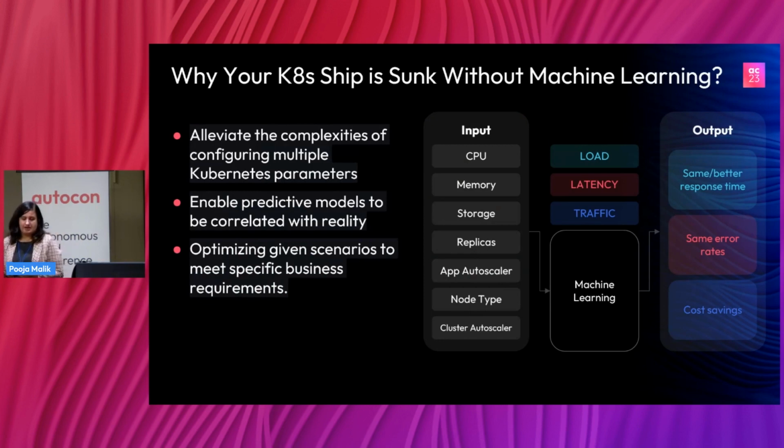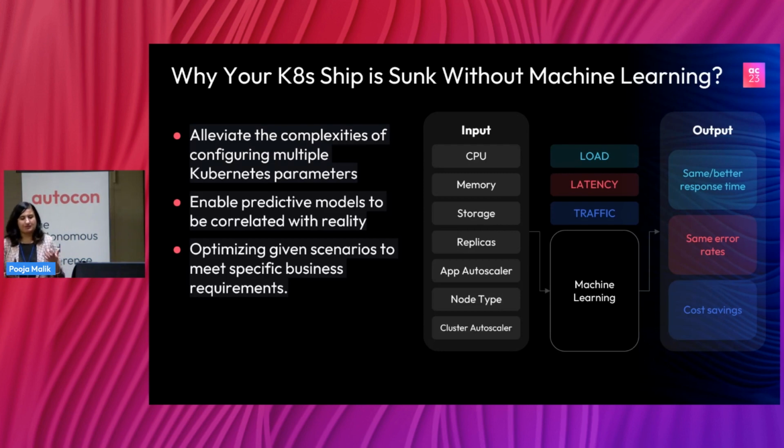Now in this slide we cover why this is so complex that you need machine learning and autonomous systems in place. Imagine you have so many different inputs, so many different parameters that you have to set. You have to set a CPU request and limit, memory request and limit, storage, replicas.